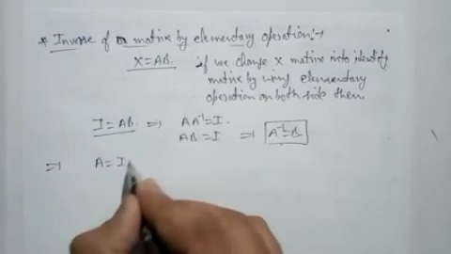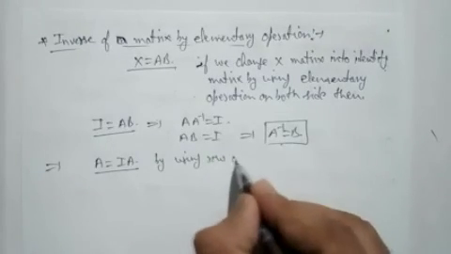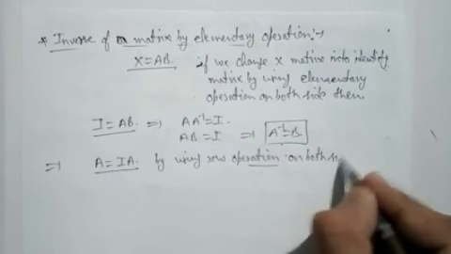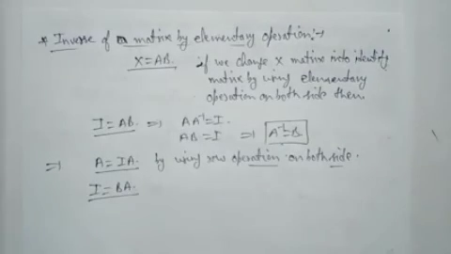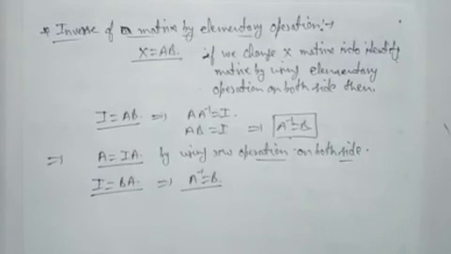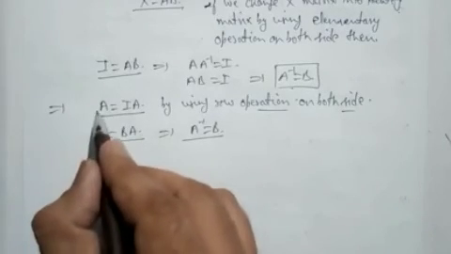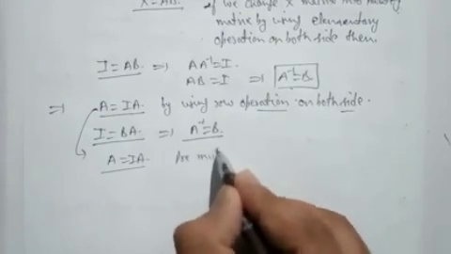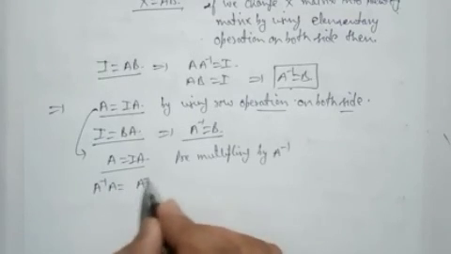So similarly, if we use row operation, the A matrix can be written as A equals to IA, by using row operation on both sides, then A is changed into I, this is B, this is A. So from this we can say that A inverse equals to B. Or in other way, pre-multiplying A equals to IA by A inverse, then A inverse A equals to A inverse IA.